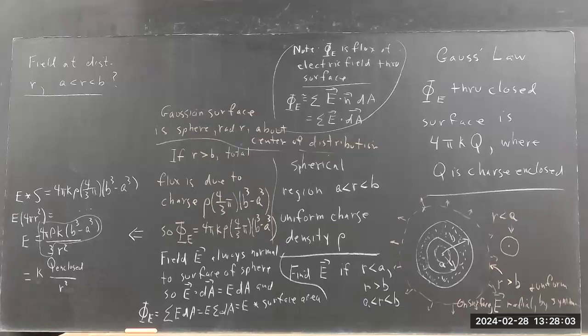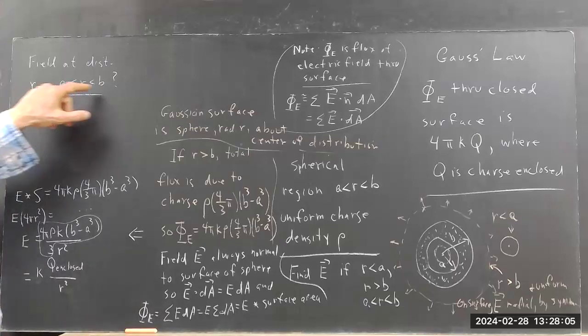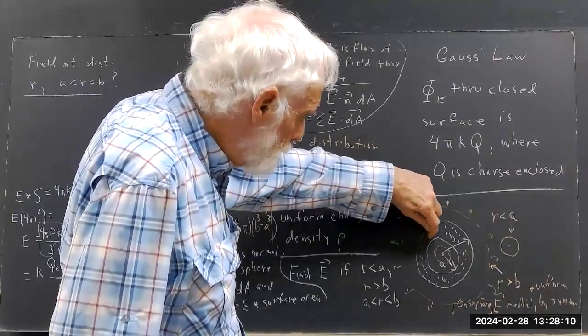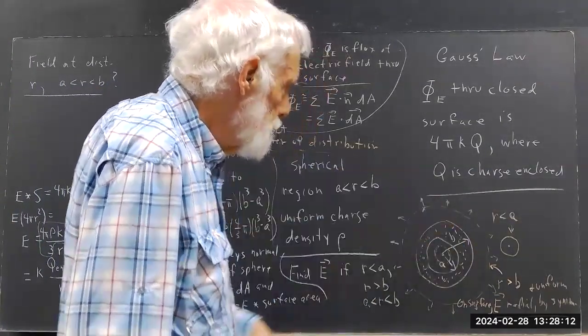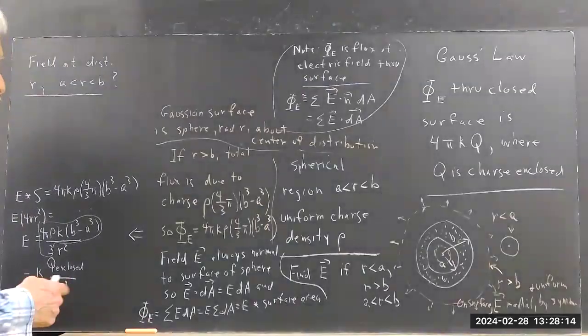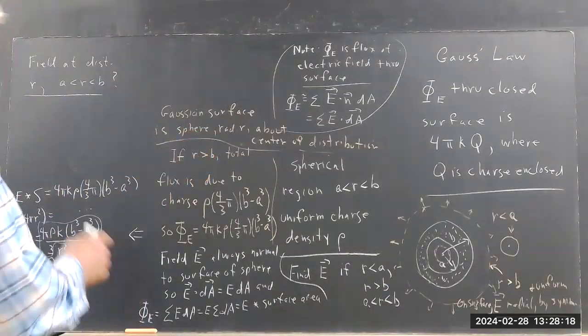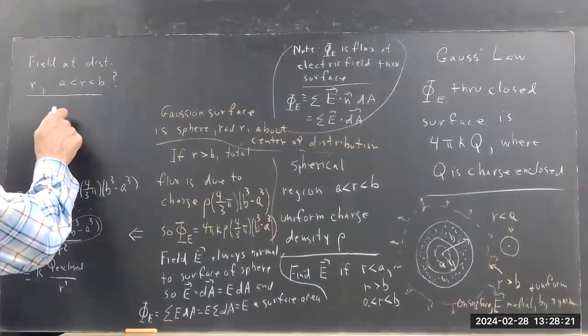Okay, well, if r is between a and b, then the surface is going to be in between here. And really all you have to draw is what's inside the surface. You don't care what's outside. So you're going to draw a surface like this. Here's your radius r.